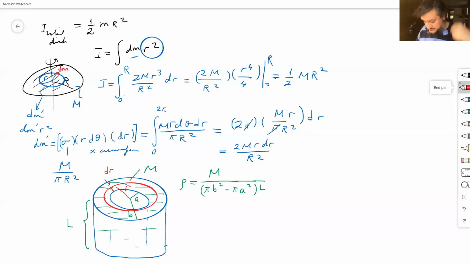So let's do the same approach, mass for this part.